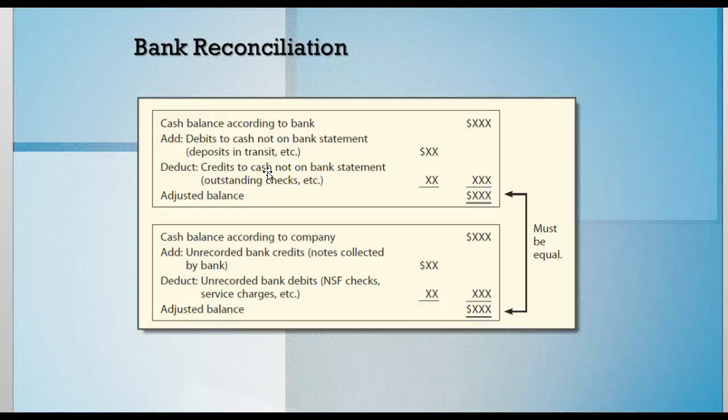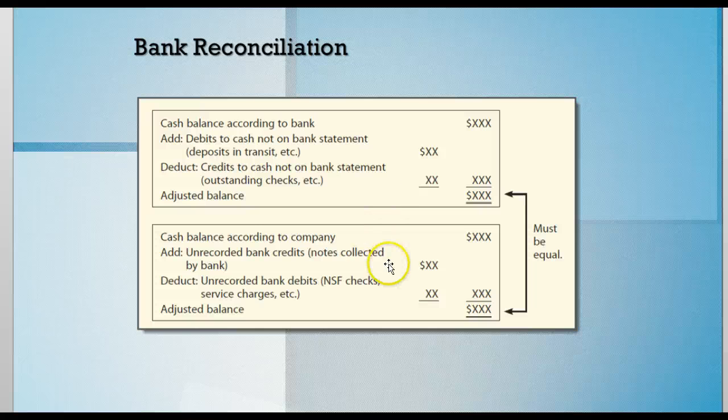You'll add deposits and subtract checks to come up to an adjusted balance. Now, you may also have errors you may have to deal with here. That's another reason why you check the checks that you've sent and analyze what the bank has written and what you have written down.